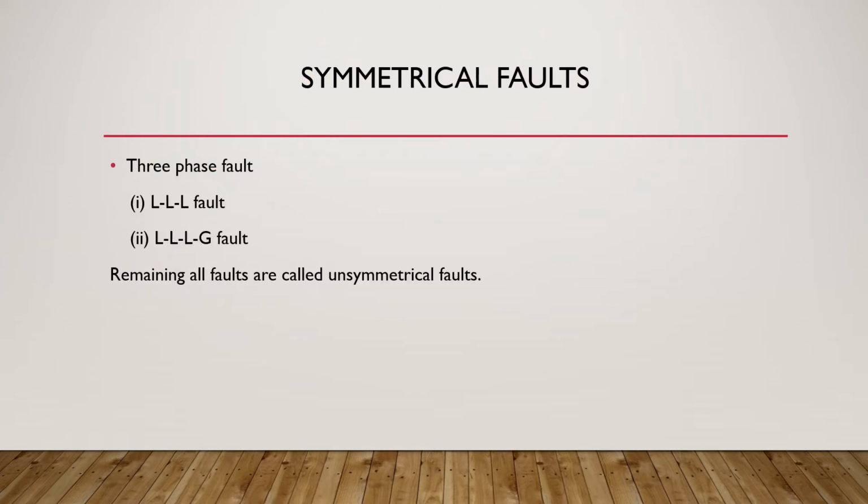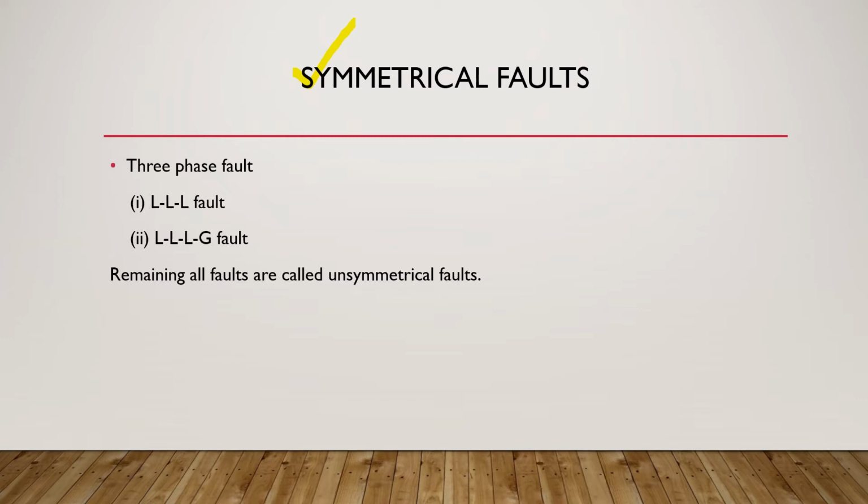Next, coming to the symmetrical faults, we are talking about symmetrical fault analysis now. So we need to identify the difference between symmetrical fault and unsymmetrical fault. Symmetrical fault means, let us consider a three-phase system. If a fault happens in the system and the fault level is the same in all three phases, then the fault can be treated as a symmetrical fault.